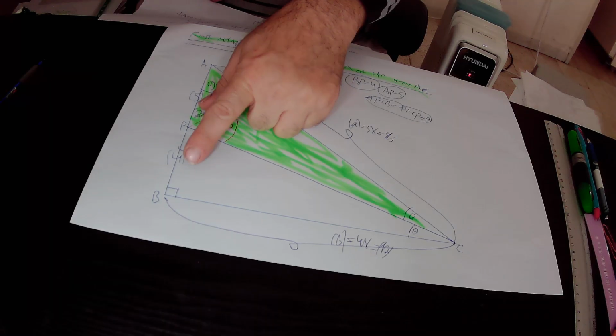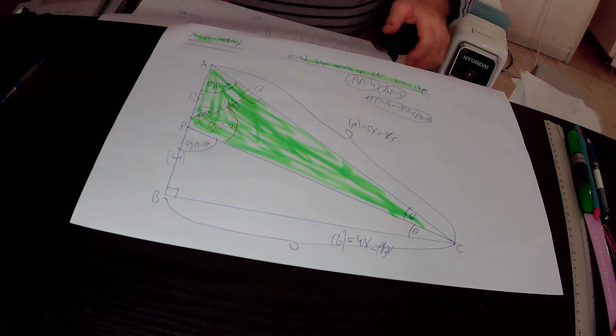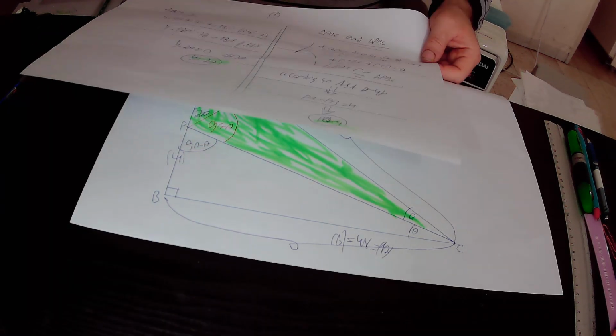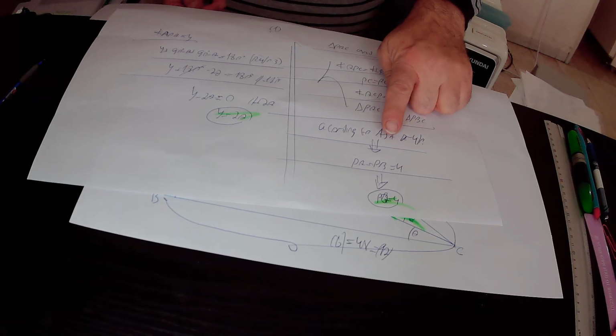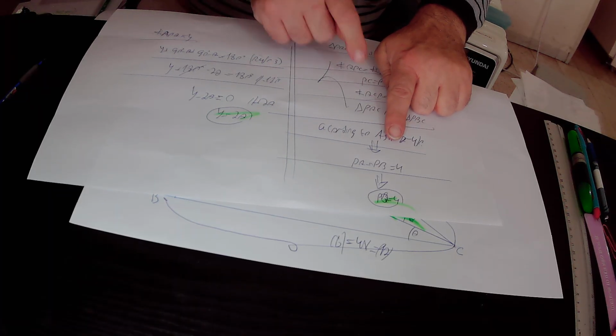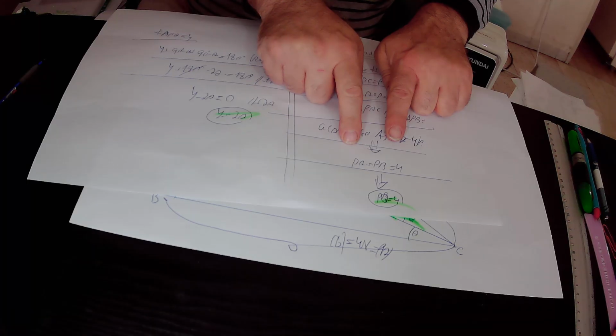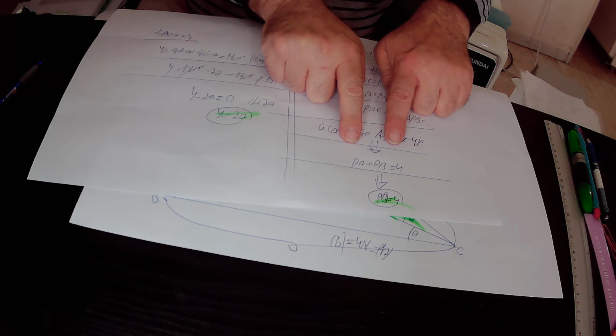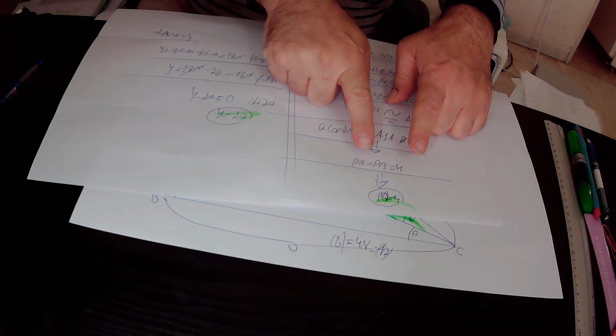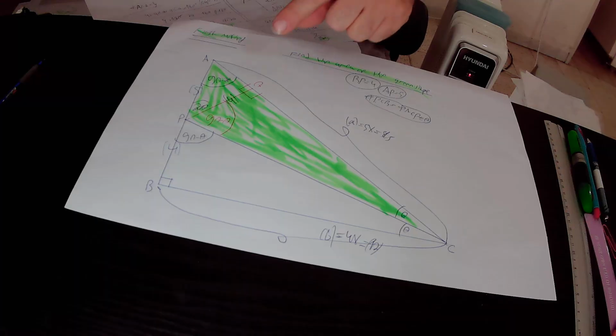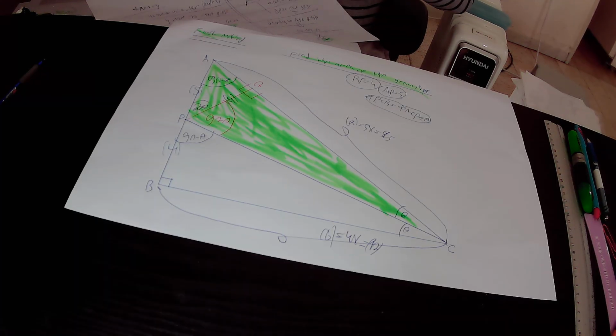But it is given in the question that PB is 4. So we can write here that PB is 4. From the equation PB equals PQ, equals 4, we derive that PQ must also be equal to 4. This is the missing side: PQ equals 4.